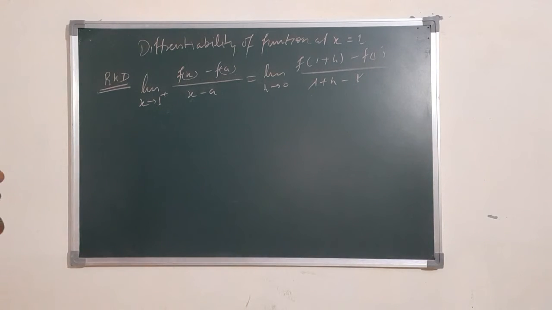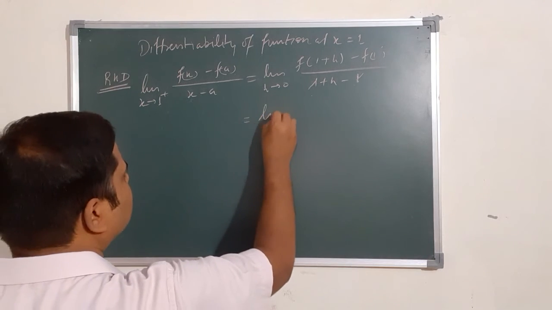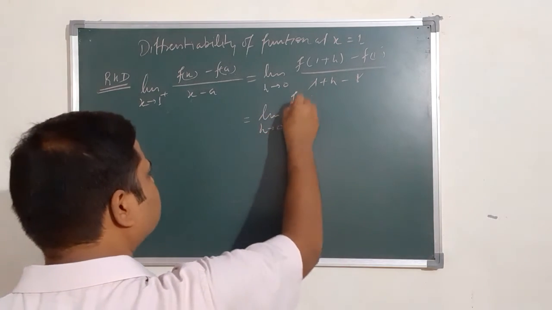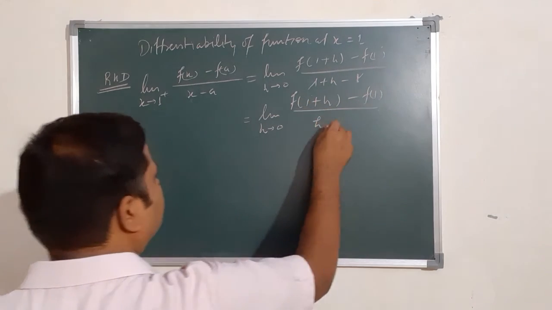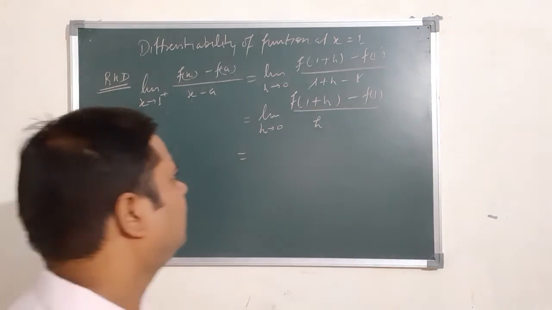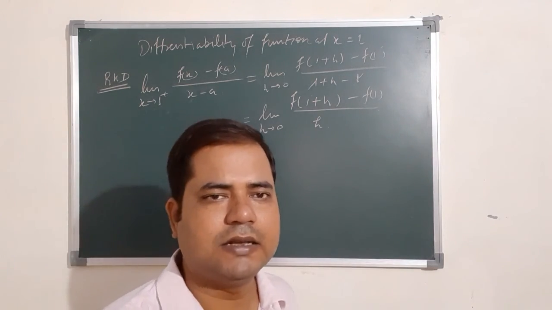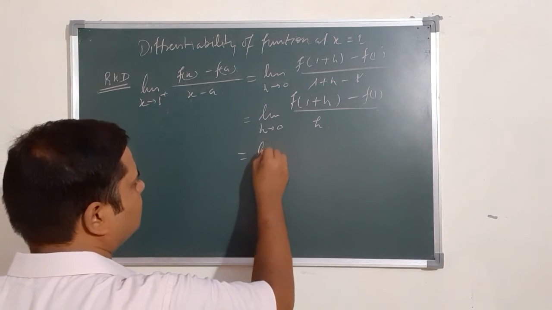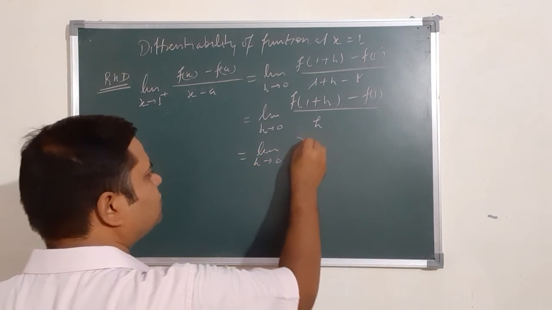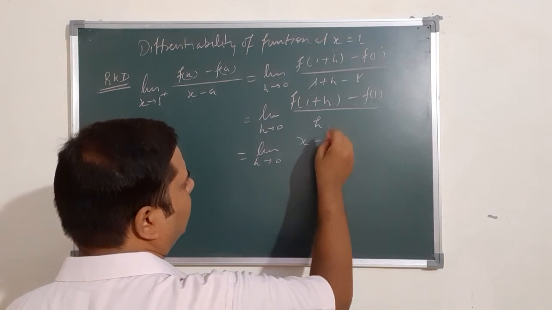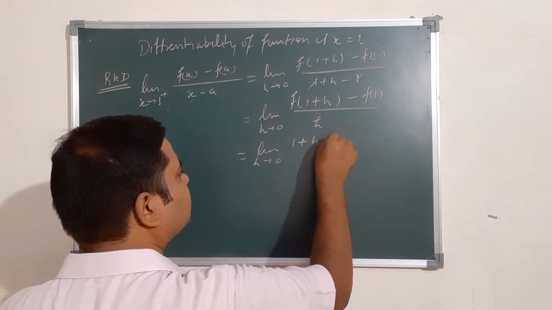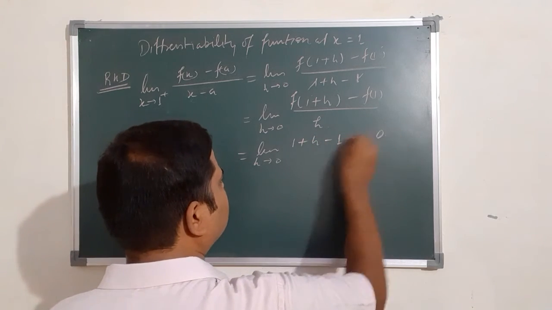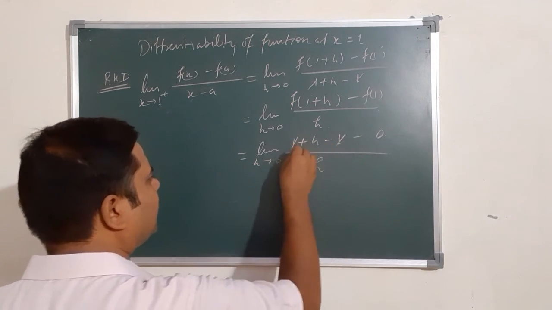And this is limit h tends to 0, f(1 plus h) minus f(1) divided by this, and you know very well, for x greater than 1 the function is defined as x minus 1. So this is limit h tends to 0, x minus 1, that means 1 plus h minus 1 minus f(1) is 0, no problem, and divided by h, 1 cancelled out.